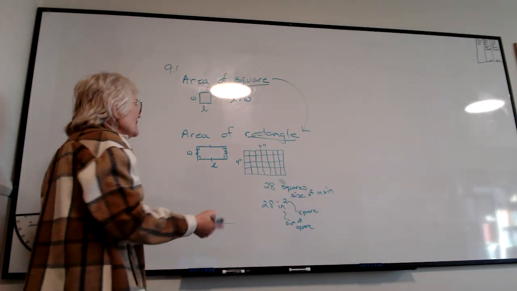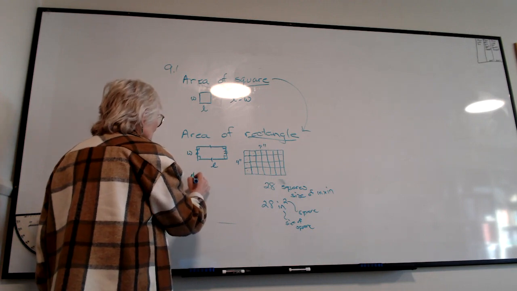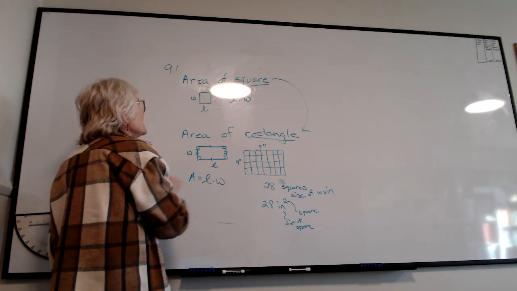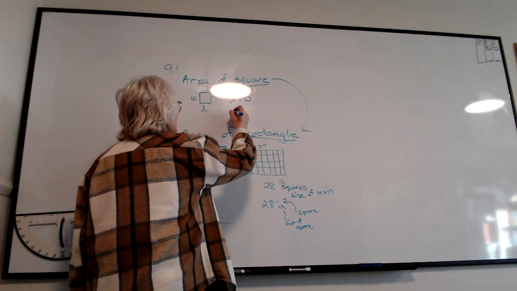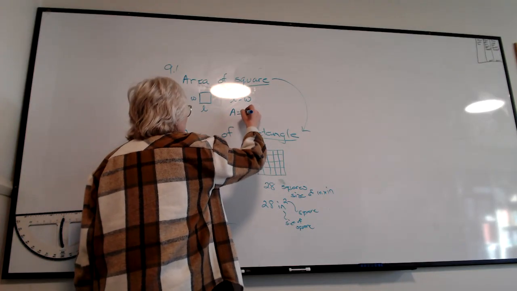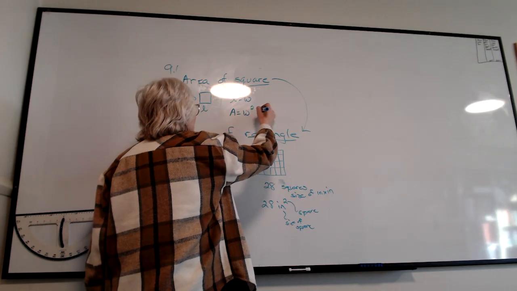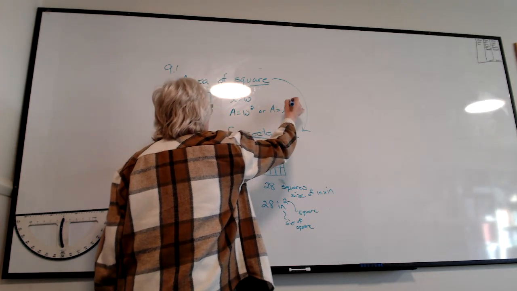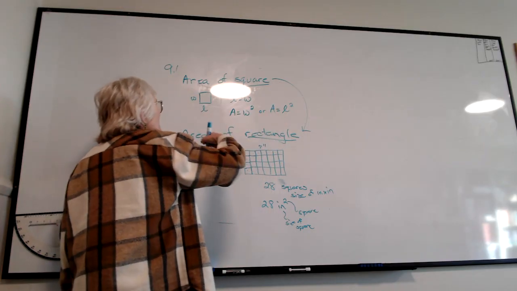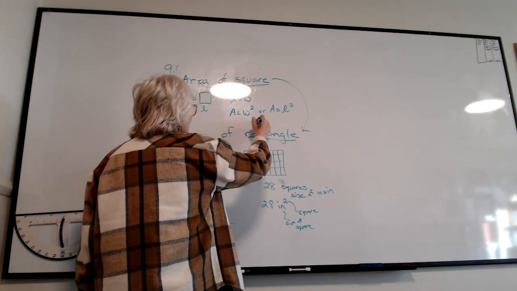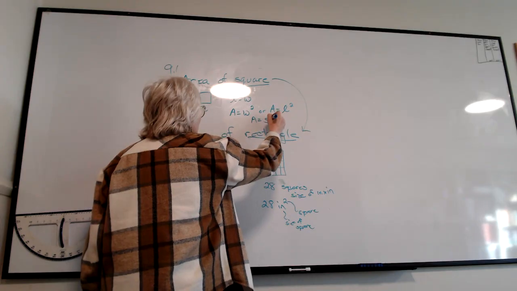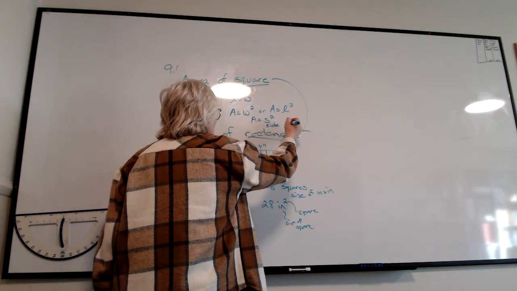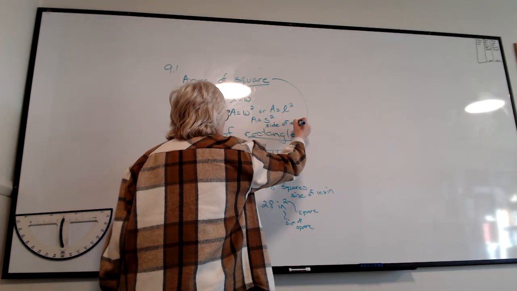So what we do is we take this formula, length times width, and we just say, oh, they're the same, so the area is going to actually be the width squared, or area is going to be the length squared, because length and width are the same. Usually what they say is area is equal to the side squared, where S is the side of the square.